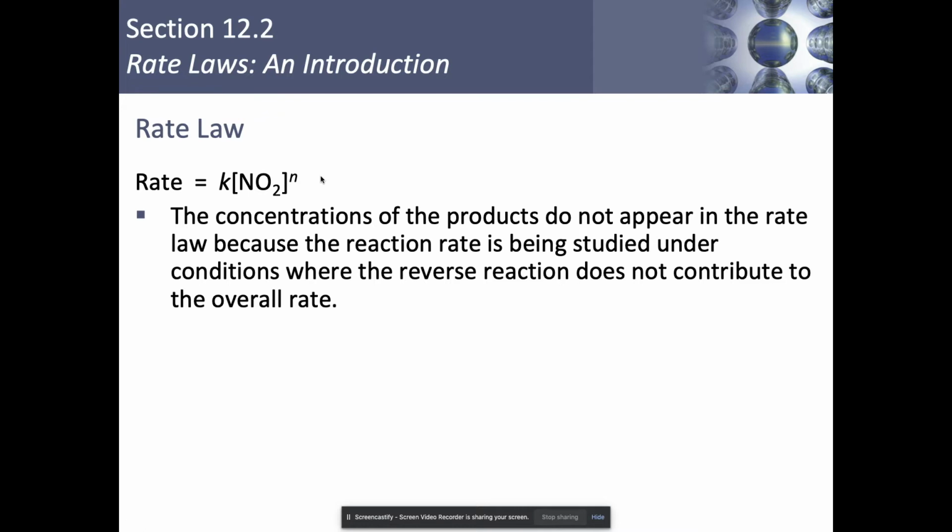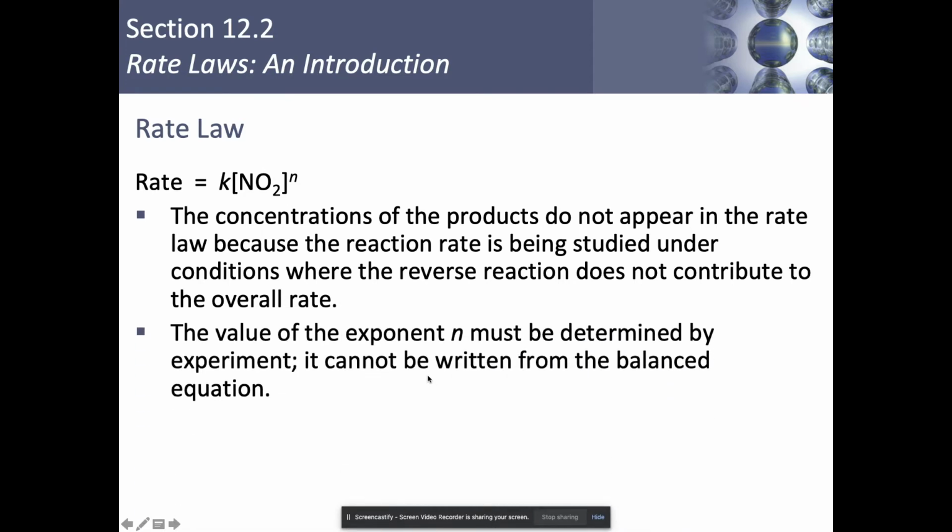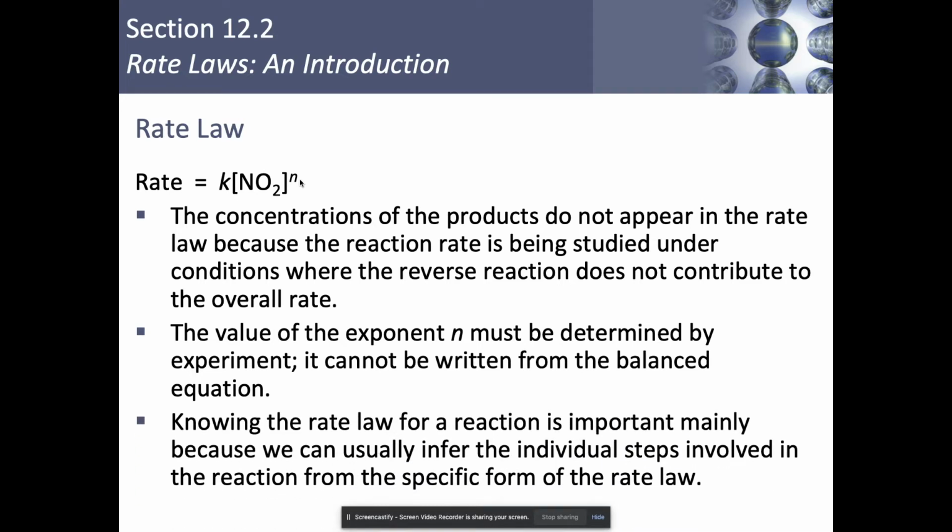But we don't care about the products because we are assuming that this is a forward reaction, meaning that the reactant is being turned into products, and that very little product is going to be turning back into reactants. And also, remember what I just said, the exponent n does not come from the balanced equation. It has to be determined experimentally, and that takes time, and there are different methods of doing so.